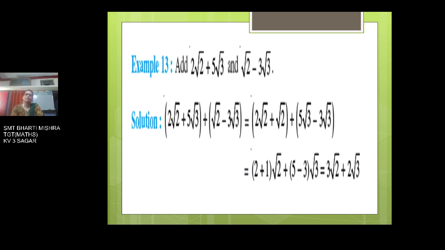So on adding, we have 2 plus 1 root 2, and in the same way for root 3 we are taking root 3 common in 5 root 3 and minus 3 root 3. So we have root 3 in common, and the coefficient comes to be 5 minus 3. 2 plus 1 comes to be 3. So the resultant answer is 3 root 2 plus 2 root 3.